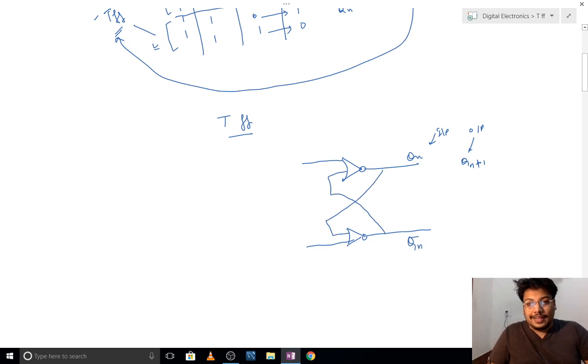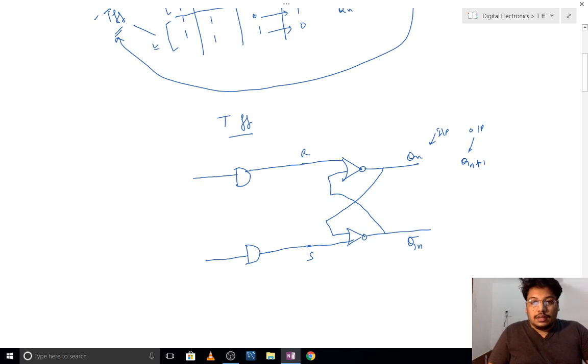Now this is an SR latch where R is like this, S is here. Then extending this circuit, we are joining it into AND gates. This is my input.